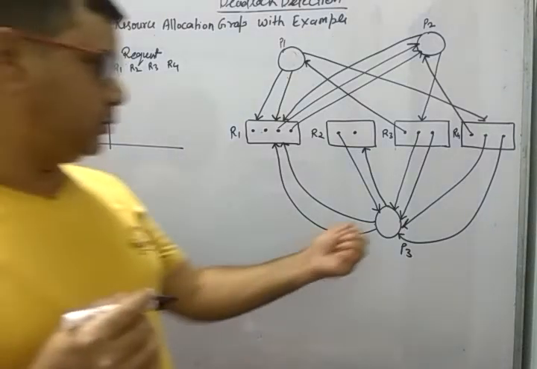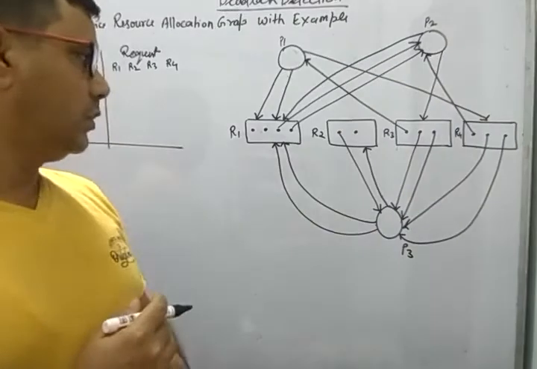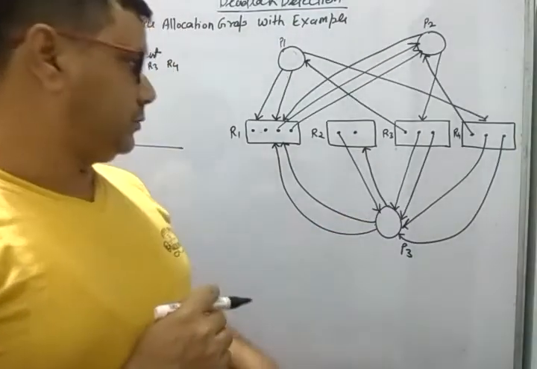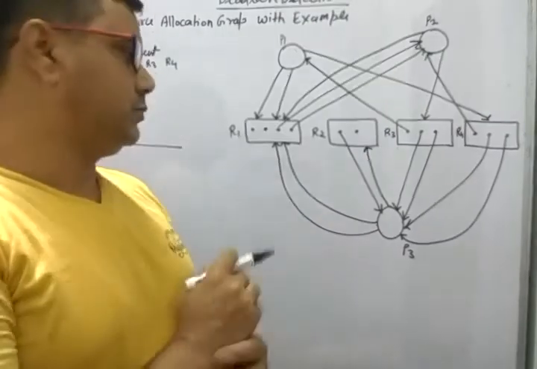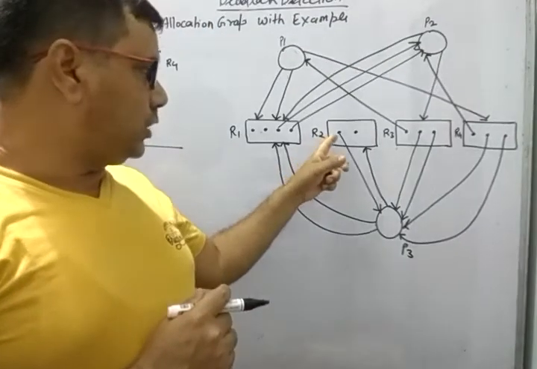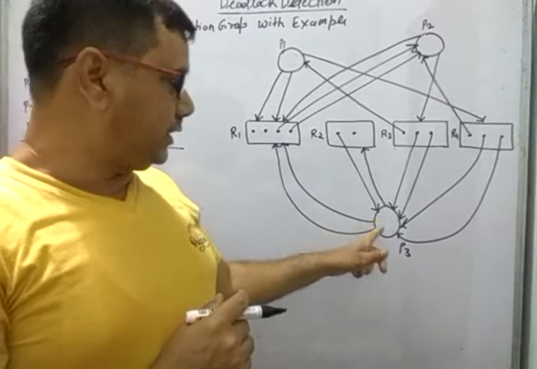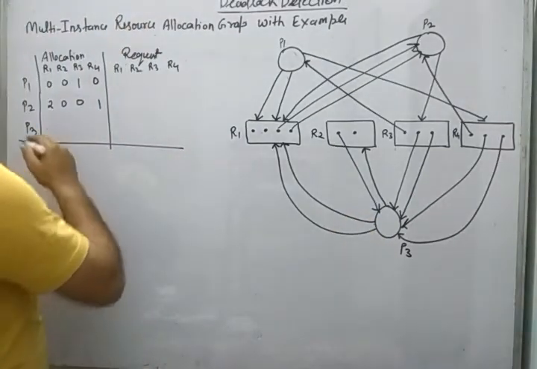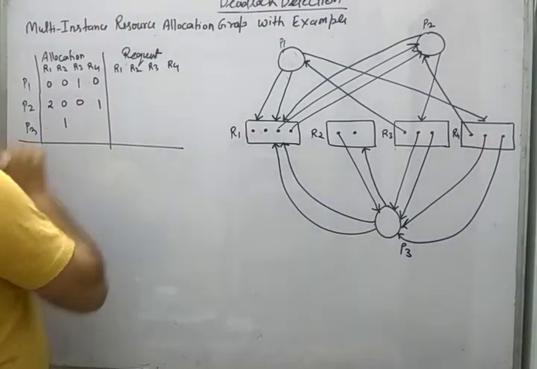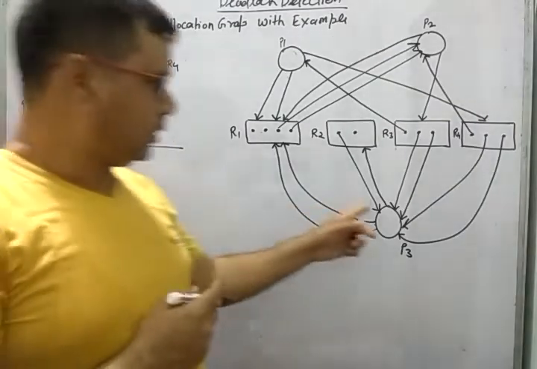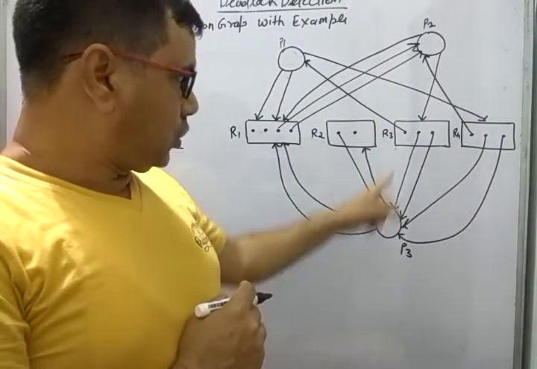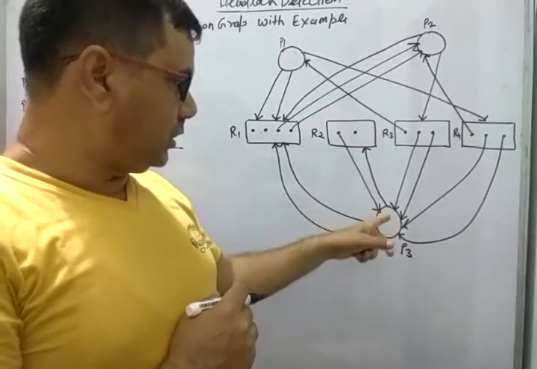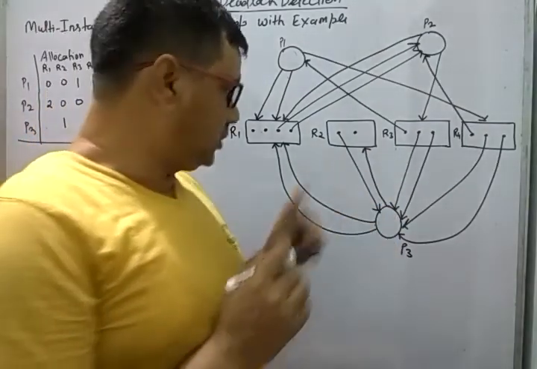Now look at process P3. One instance of R2 is assigned to process P3. Two instances of resource R3 are assigned to process P3.